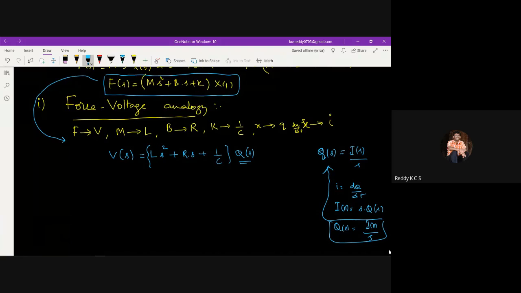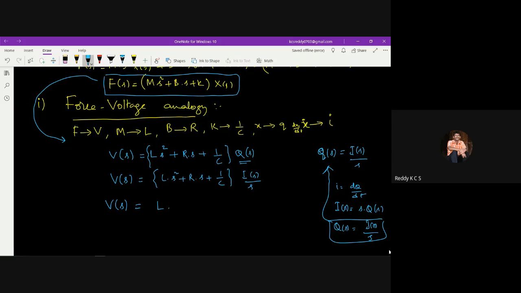In this, I replace this wherever q of s is there. I write L into s square plus r into s plus 1 by c, and here I have I of s by s. Now this equation is rewritten as V of s is equal to, this s will go inside, so this s square by s will become L into s.